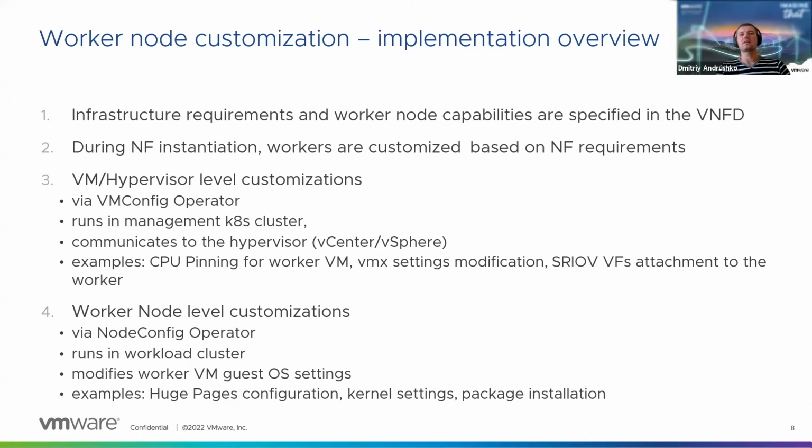Examples of these settings are putting your virtual machine onto a particular NUMA node, or attaching or detaching required network adapters, or SR-IOV settings, or PCI device pass-through. All these are done for the virtual machine itself at the hypervisor level.